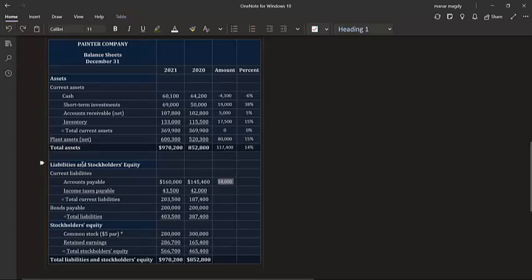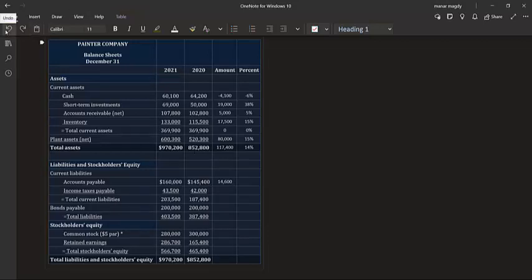The accounts payable, if we're going to continue here, we're first going to start with the current liabilities. The current liabilities here consist of accounts payable and income tax payable. The accounts payable increased from 145,400 to 160,000, so it increased by 14,600.